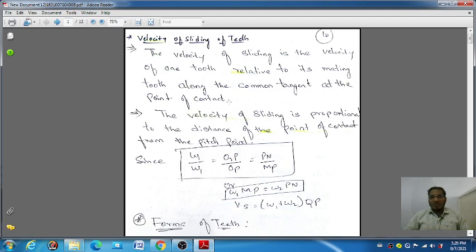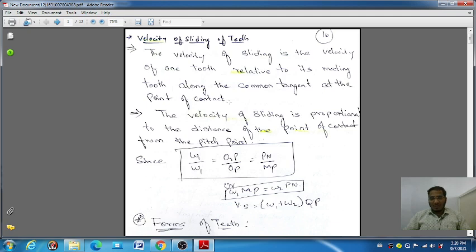It means that omega 1 by omega 2 is equal to O2P by O1P, which is equal to PN by MP. Omega 1 and omega 2 you know very well, they are the angular velocities. We already discussed this in the last class on the law of gearing.